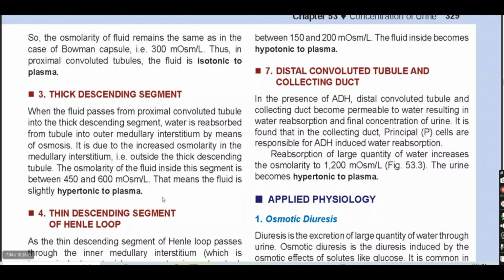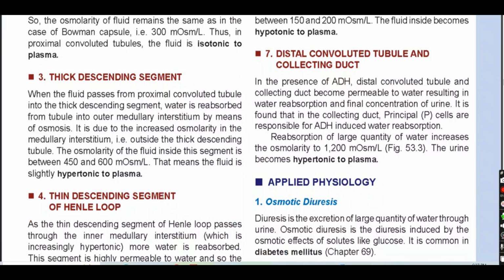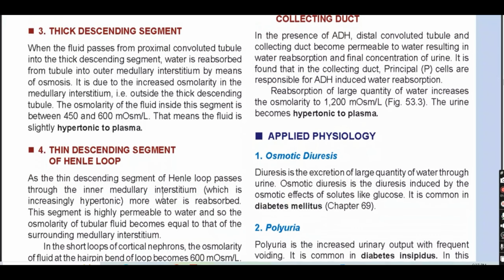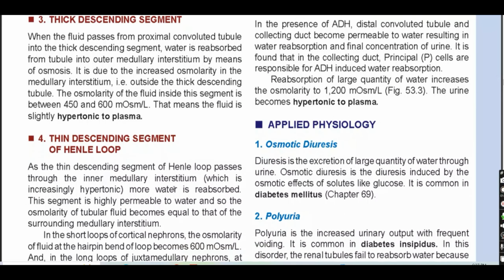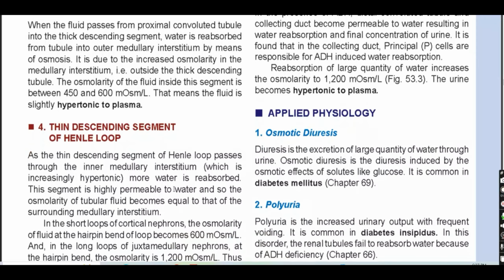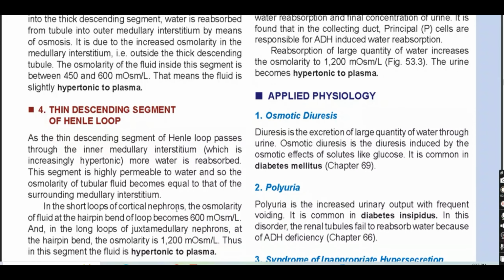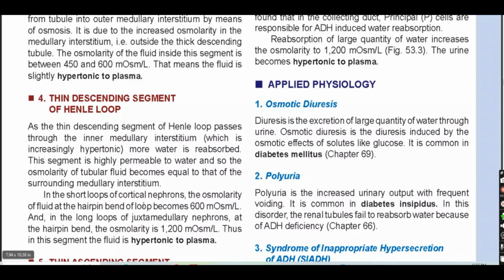Now, as the thin descending segment of the loop of Henle passes through the inner medullary interstitium, more water is reabsorbed. This segment is highly permeable to water, and so the osmolarity of the tubular fluid becomes equal to that of the surrounding medullary interstitium. In the short loops of the cortical nephron, the osmolarity of the fluid at the hairpin bend becomes 600 milliosmol.